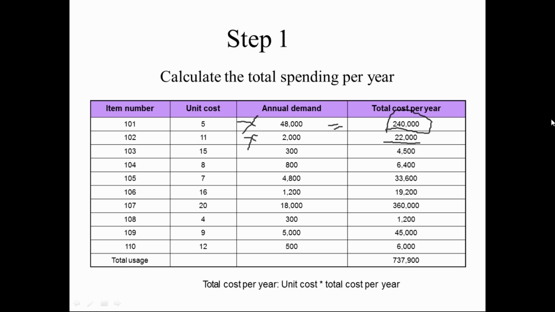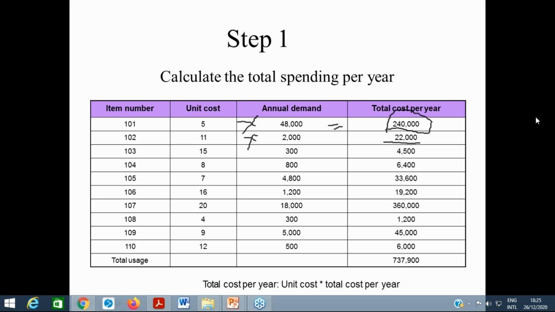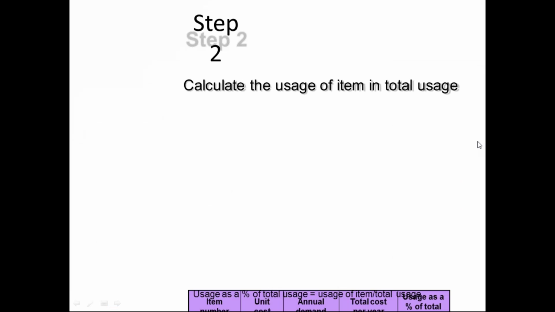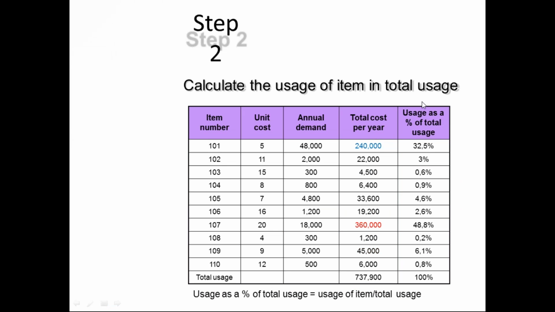Likewise, we calculate the total cost required per year according to the unit cost and the annual demand. After doing this, we need to calculate the usage of each item in the total usage, that is, the percentage. So we have found the unit cost, the annual demand, and the total cost per year.